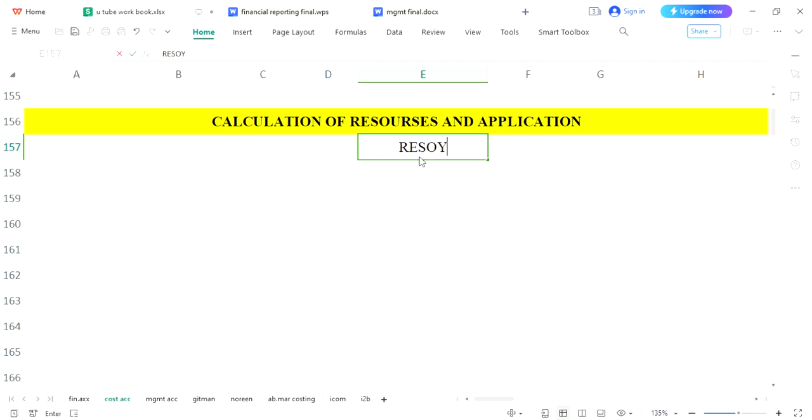Resources mean how much cash is received. Let me correct the spelling. So resources mean how much cash you have received, or cash inflow.